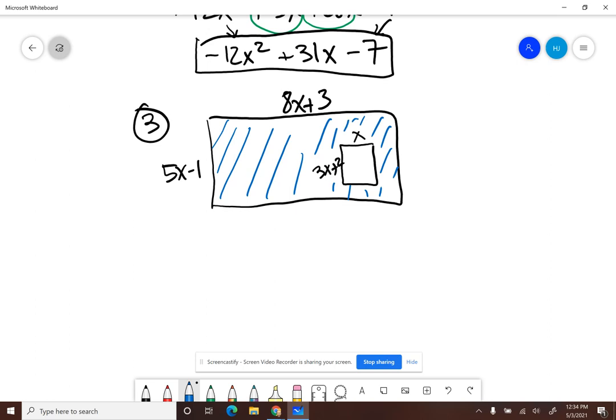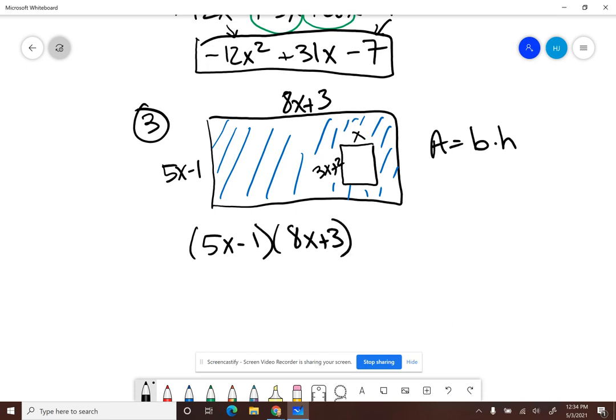So let's think about how we find the area of a rectangle. If you remember from geometry class, area equals base times height. So I'm just going to take my 5x minus 1 times my 8x plus 3. That's going to give me the area of this blue shaded portion.